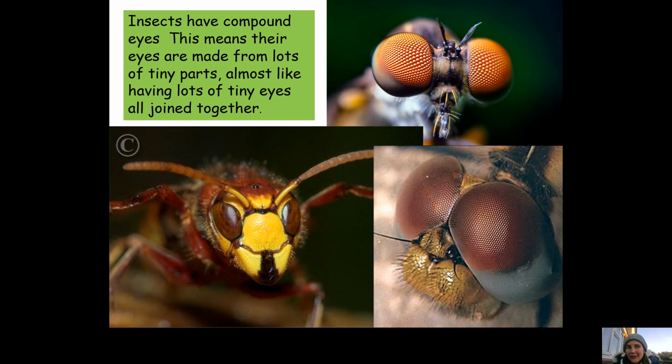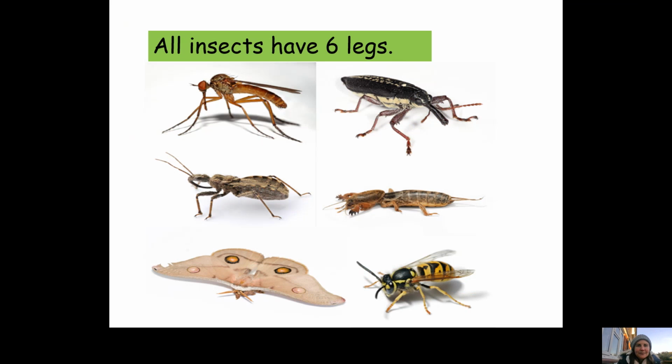They have compound eyes, and this means their eyes are made from lots of tiny parts, almost like having lots of tiny eyes all joined together. All insects have 6 legs.